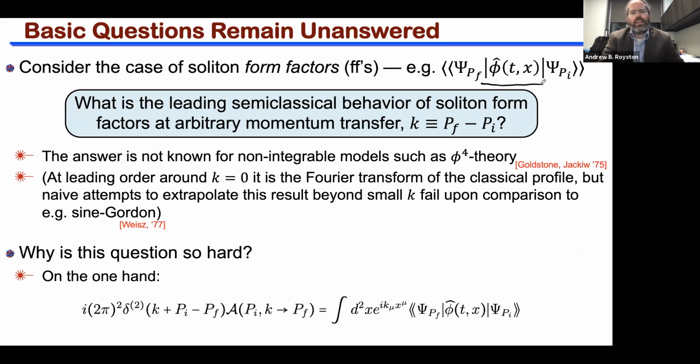Well, let me relate it to a different question. So on the one hand, the soliton form factor that we want to study, or rather its Fourier transform over here, determines the amplitude for a soliton to absorb a perturbative particle and then carry on.